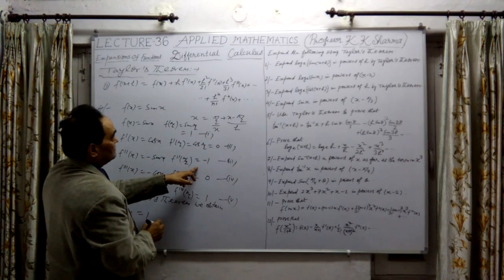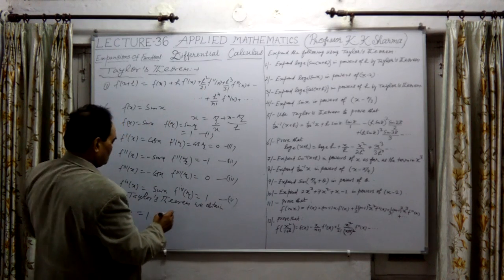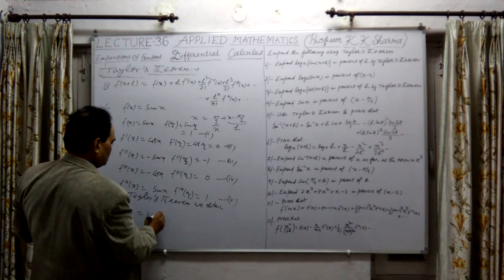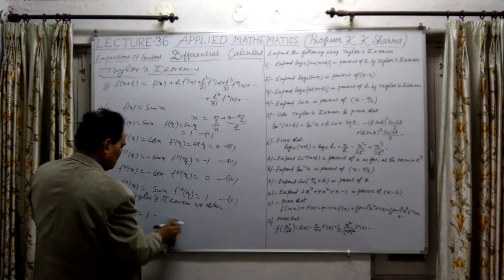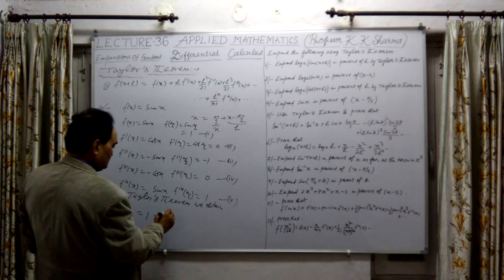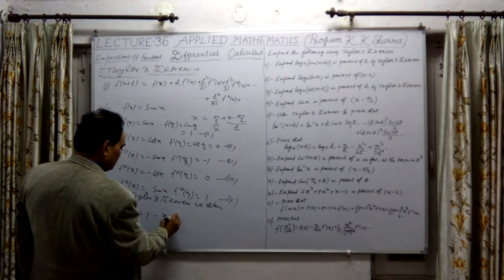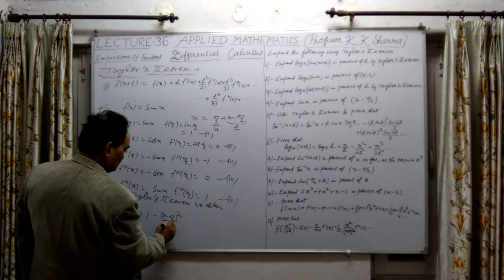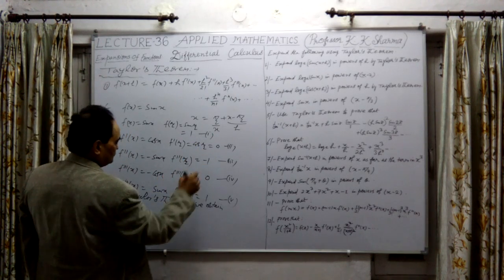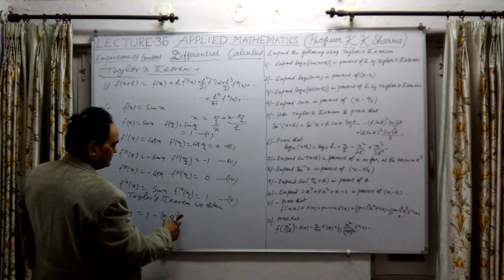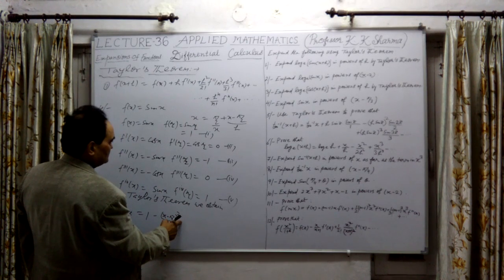For the second, f double dash x will be minus sin x. So minus x minus pi by 2 whole square upon factorial 2, into minus 1. I have written minus 1 in place of f double dash pi by 2, that means 1.